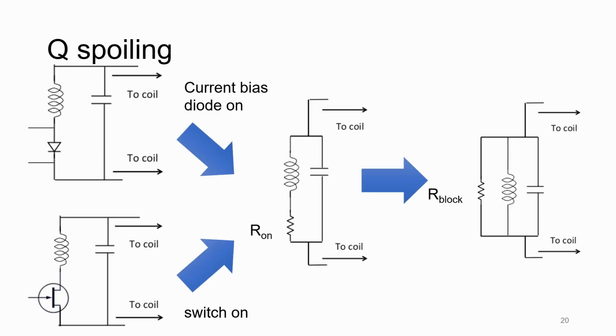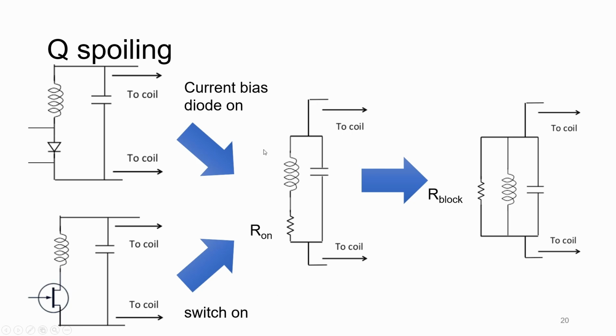So here is, again, a general picture of the Q-spoiling process. We have our PIN diode Q-spoiling as well as our FET device Q-spoiling. And so with the PIN diode method, if you turn the current bias on, the diode turns on, resulting in your Q-spoiling. And to the left bottom here, if you turn on the FET device, you can also create your Q-spoiling effect.